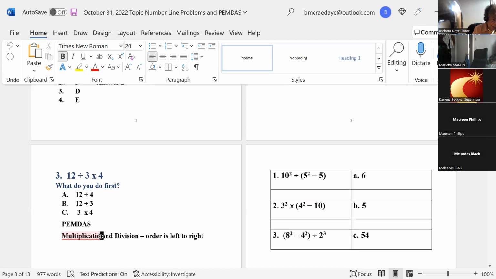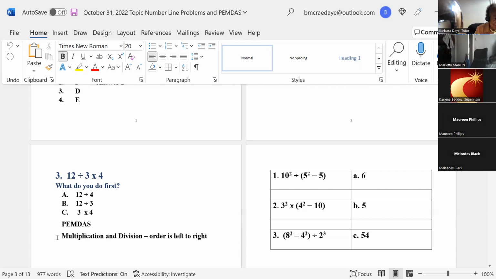And that's the same for addition and subtraction. So you can't put the multiplication first if you have division coming before it, because you go from left to right, and division is coming before the multiplication.